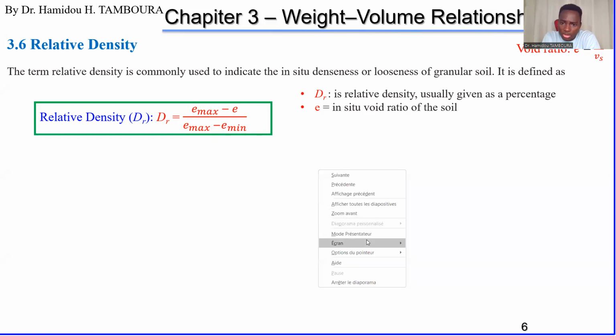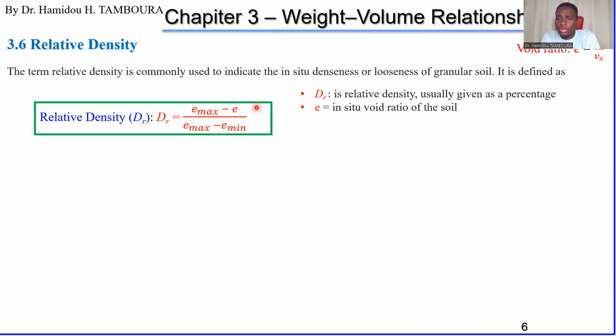Let me use this pointer to make it easy for you. This e is the in situ void ratio, the actual void ratio your soil or soil sample has right now.